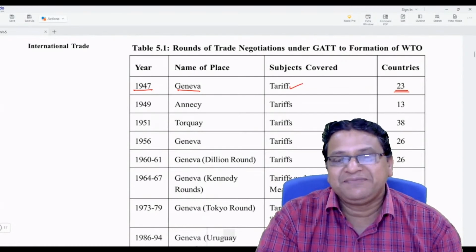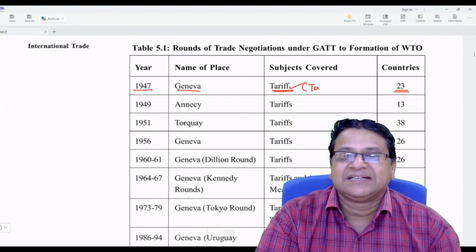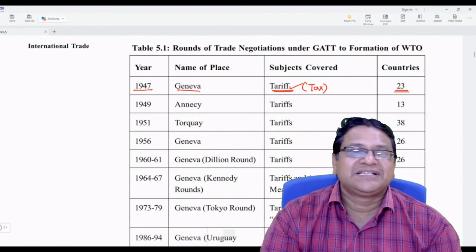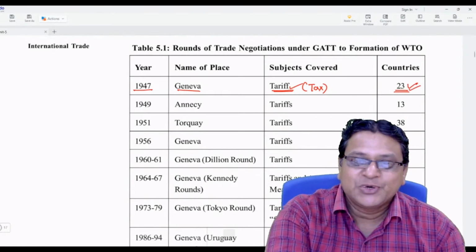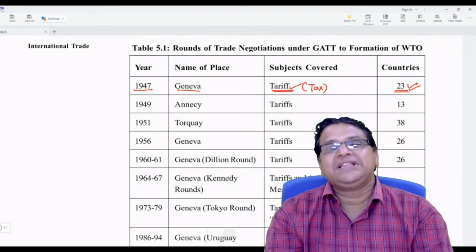Tariff is a barrier to international trade. Tariff means tax barriers. The tax barrier is discussed here, and these 23 countries have decided to reduce tariff between trades between themselves.